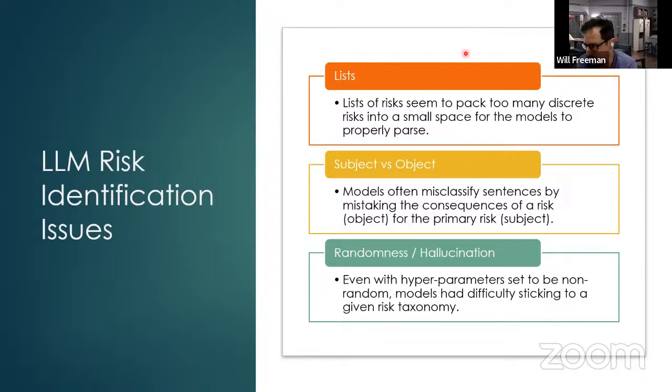We'll lose money, our stock price will go down, they'll fire our board. And a lot of times these consequences, which were more of the object, and the risk, which was more of the subject, were confused. And that makes sense. A lot of the verbiage was dedicated to the actual consequences, and we weren't really looking at that.